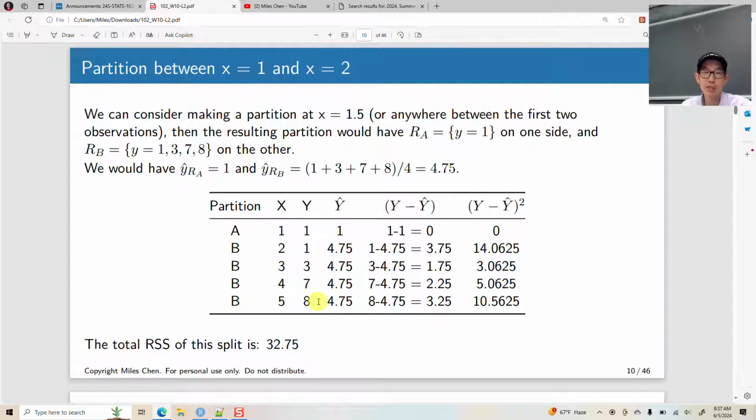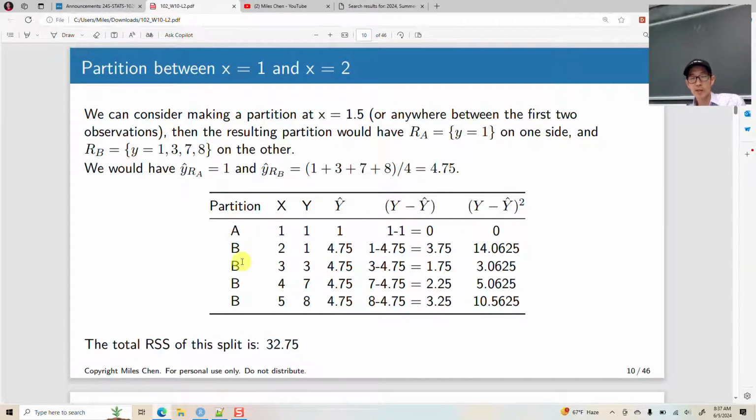Here we're going to make a partition at x equal to 1.5. That forms 2 buckets. Bucket A has one value in it, y equals 1, and therefore my predicted value for bucket A is 1. I have a residual of 0, a squared residual of 0.